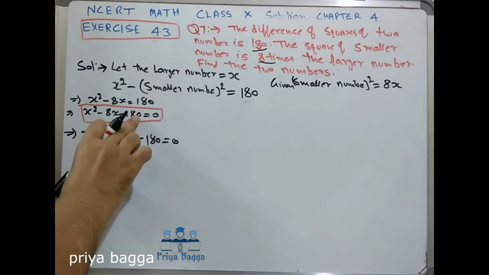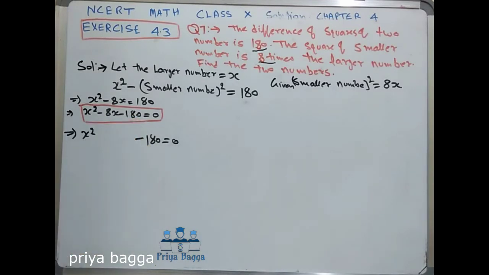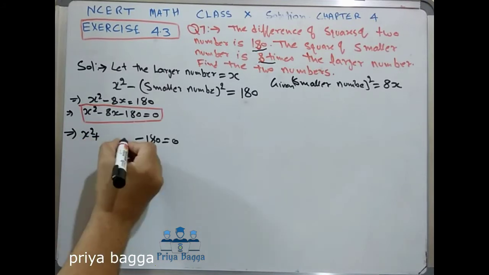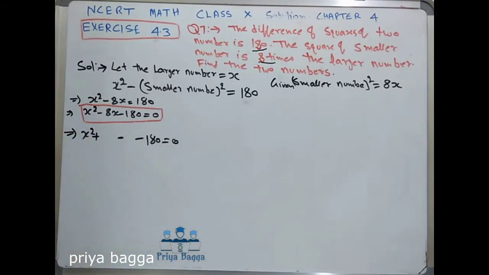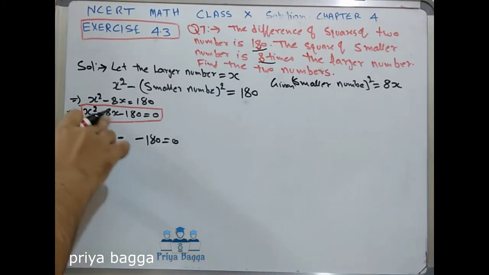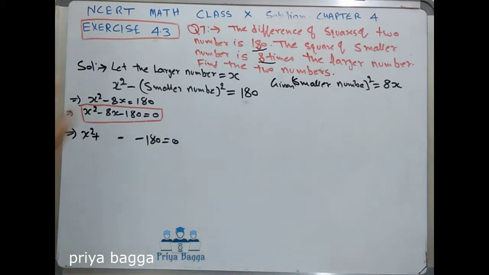Now if the multiplication is negative, it means one number will be positive and one number will be negative. So this is very clear. The positive number will be smaller and the negative number will be larger, because they should add up to a negative. Now see it very carefully.